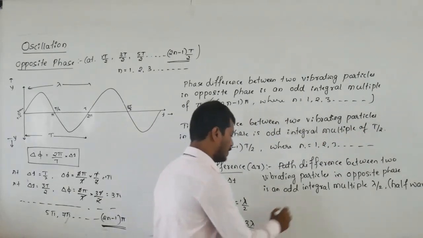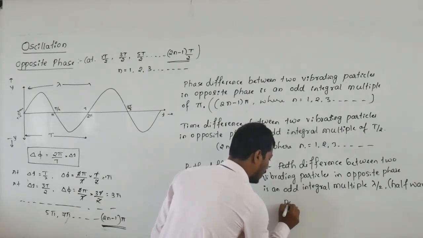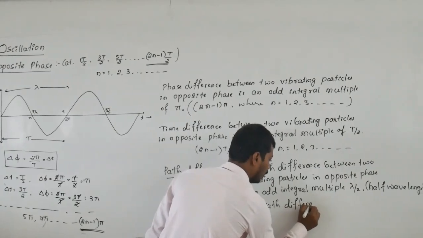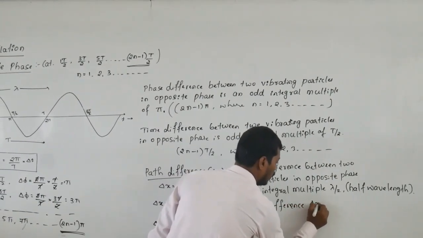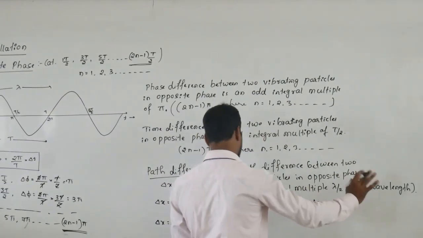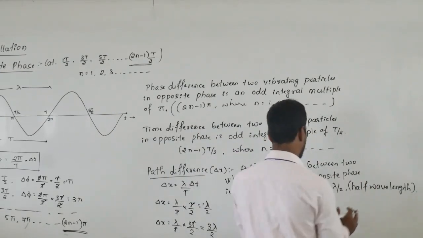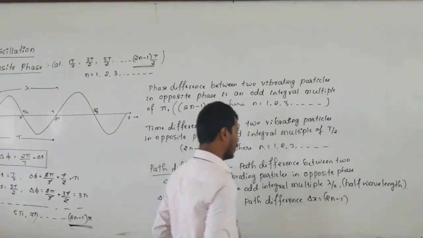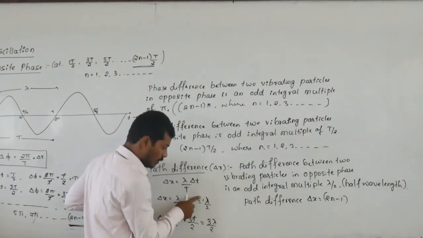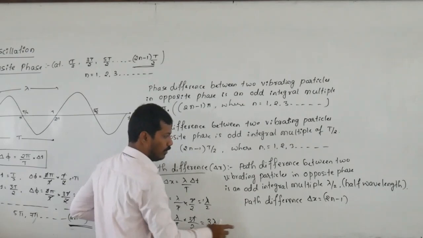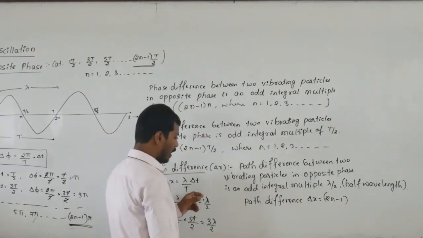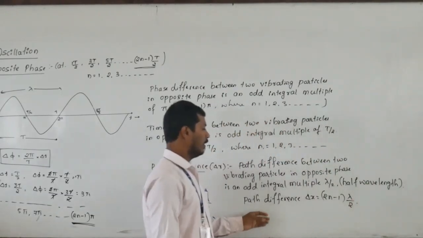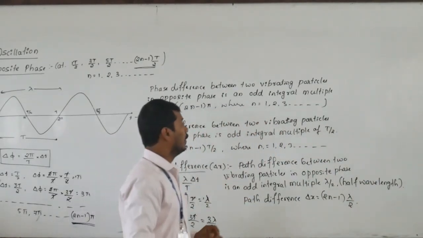The path difference delta x, the final form, is 2n minus 1, with odd numbers 1, 3, 5, times lambda by 2, which is common here. This is the path difference between those two.